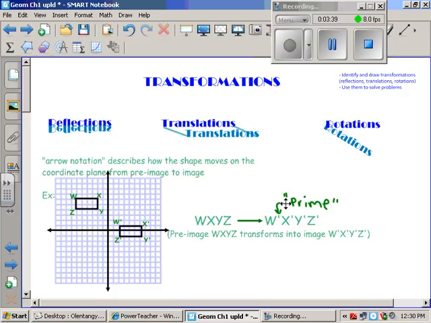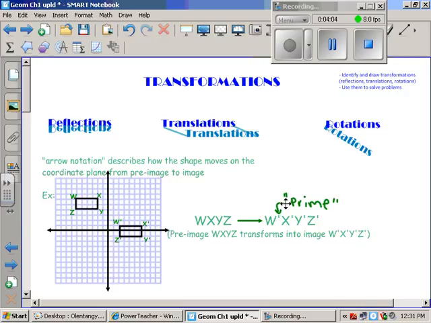How do we know which one we started with? Yeah, the one without the little prime marks. So this was our first shape. And this one has all those little prime marks, that's our second. That's the result. So it went right and down. Make sense? So far, so good?